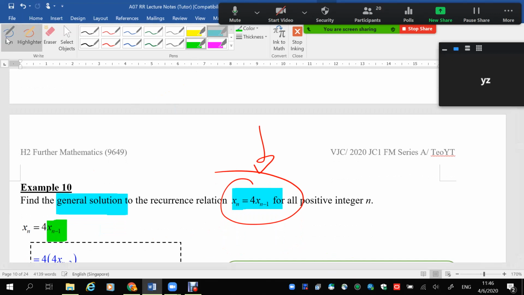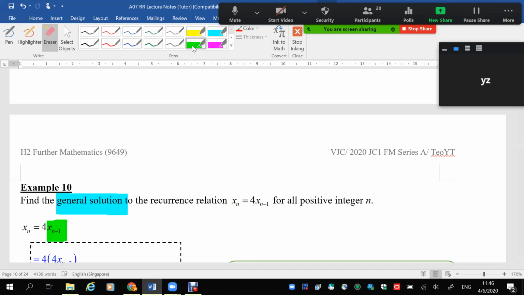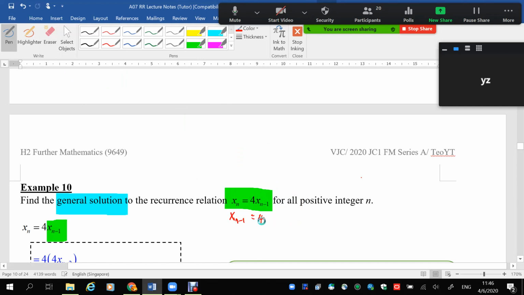How I'm going to operate on this is, if xn is equal to 4 x subscript n minus 1, what is x n minus 1? It will be 4 x n minus 1 minus 1, which is 4 x n minus 2. Can you understand?